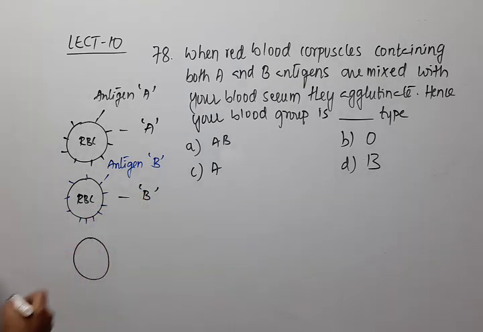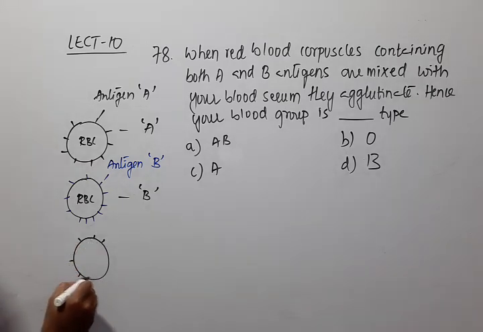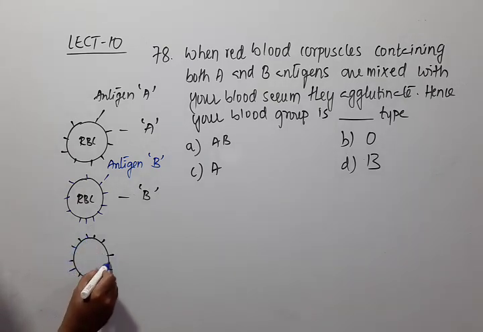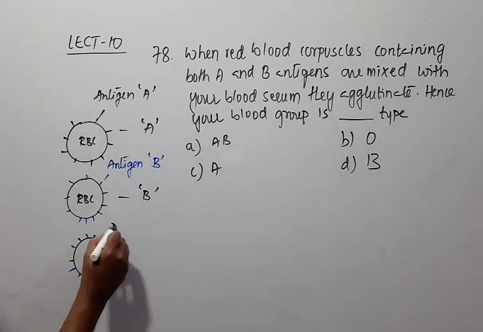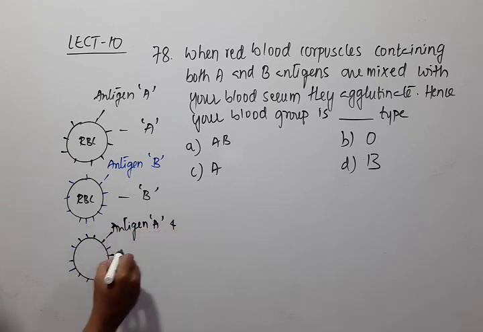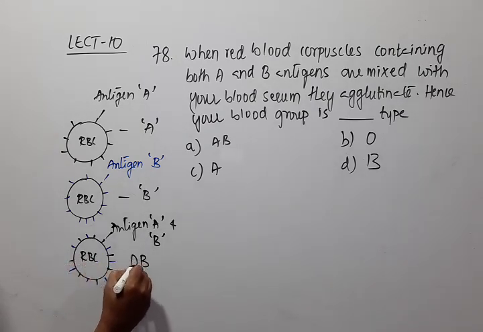And if you see both antigens, here you have both antigen A and antigen B present. Then this blood group is AB blood group.